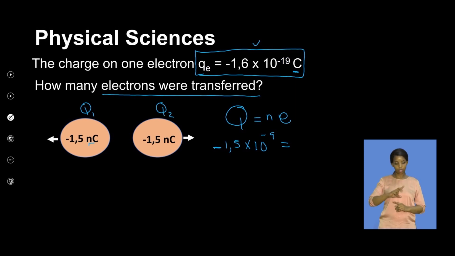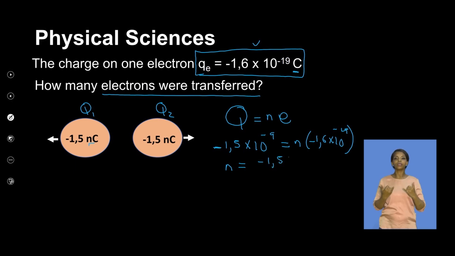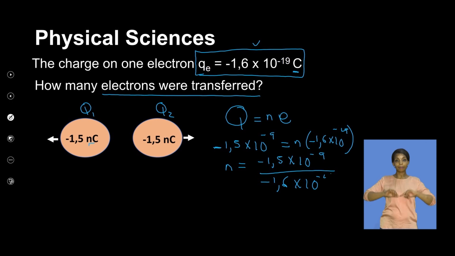We want the number of electrons, so this is multiplied by negative 1.6 times 10 exponent negative 19, right? To find the number of electrons transferred, we make that the subject, so we get negative 1.5 times 10 exponent negative 9 divided by negative 1.6 times 10 exponent negative 19, right?